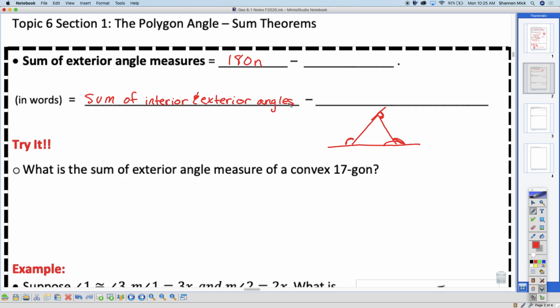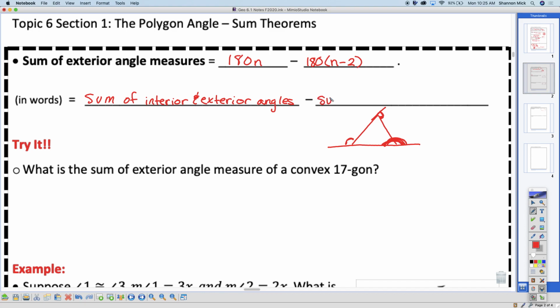See on our picture, we just said this whole thing was 180, right? And how many sides are there? 1, 2, 3. So that's the sum of the interior and exterior, minus 180 times n minus 2. What was 180 times n minus 2?